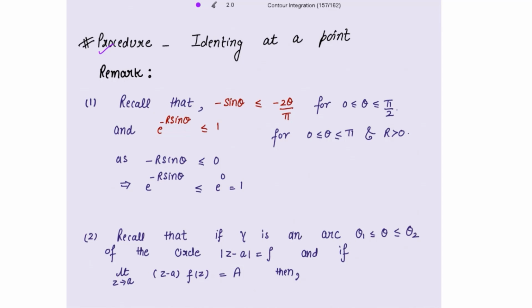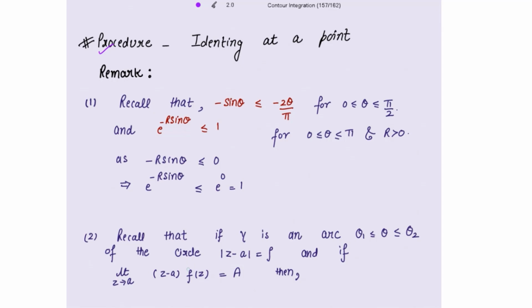Now negative r sine theta is less than or equal to 0, why? Because r is strictly positive, and sine theta is non-negative. So their product is less than or equal to 0, and e to the power negative r sine theta is less than or equal to e to the power 0, which is 1. We know that.